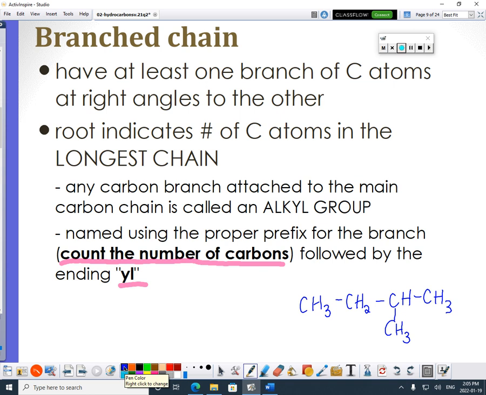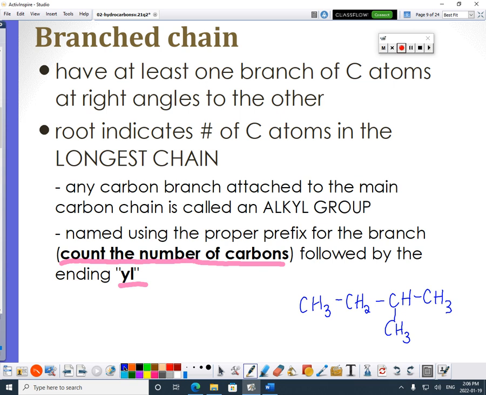So this is a very simple example, but at first glance, what does it look like the longest chain is? How many carbons? Here. So you can't do that, right? It has to be the longest continuous chain. So how long do you think that is?